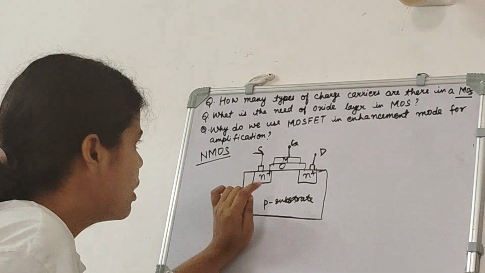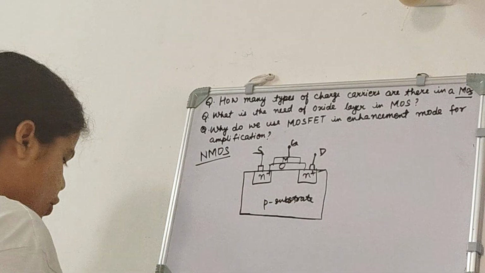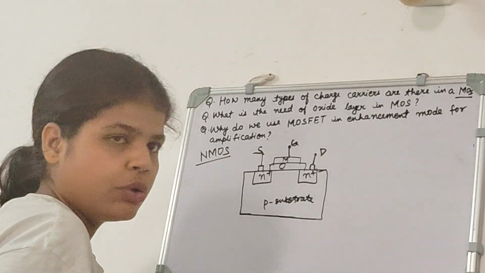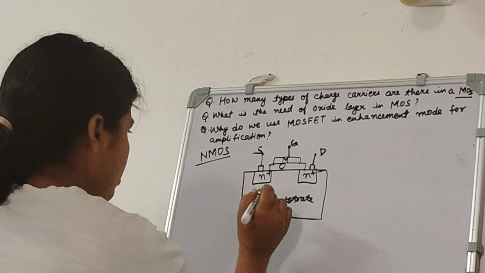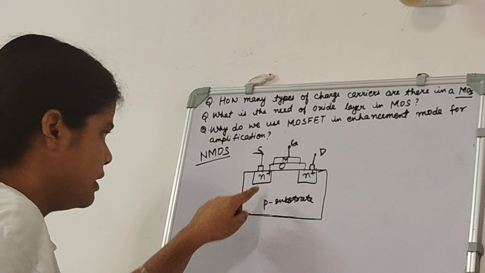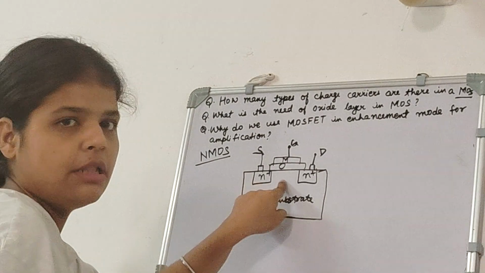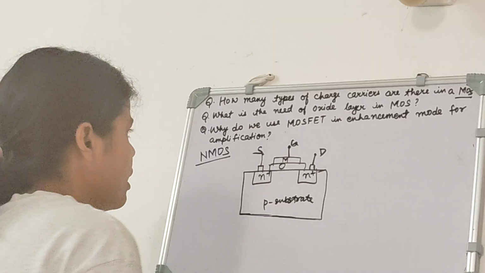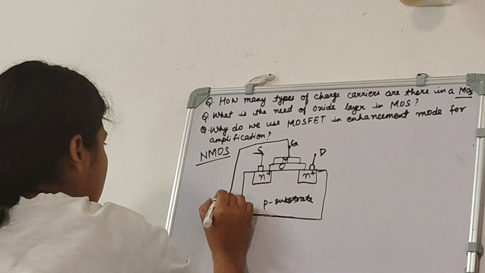So here we are talking about enhancement, but if we talk about the depletion type MOSFET also, the reason will be the same. So first of all, we will see here that in this MOSFET, for forming the channel, we need to apply positive voltage at the gate terminal.